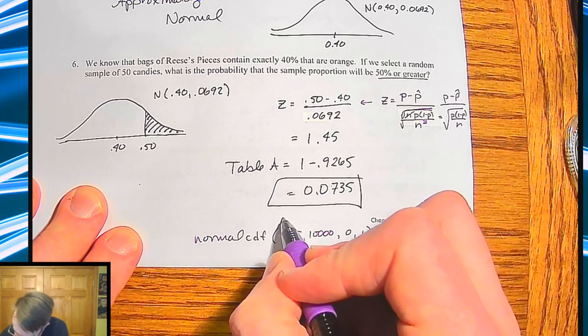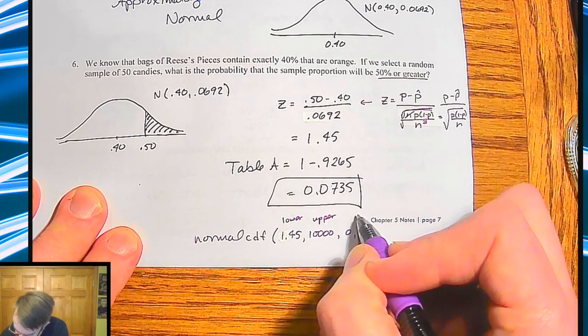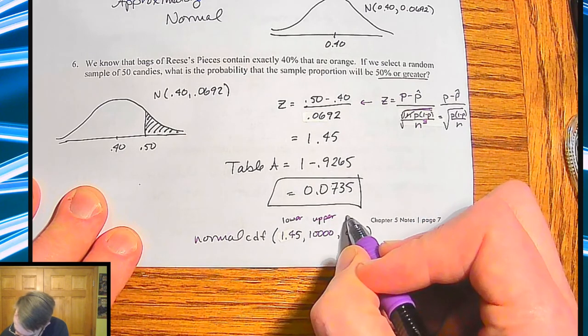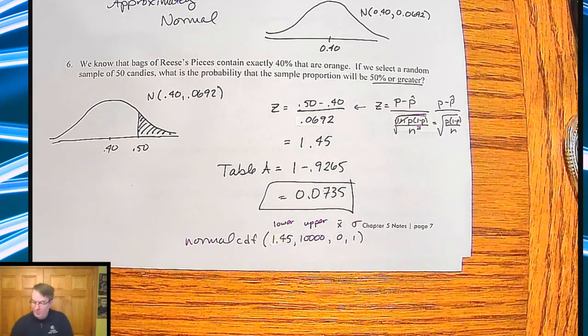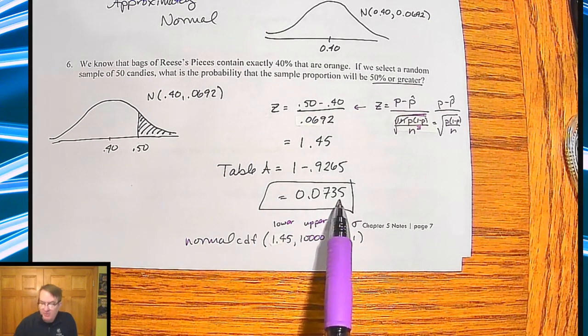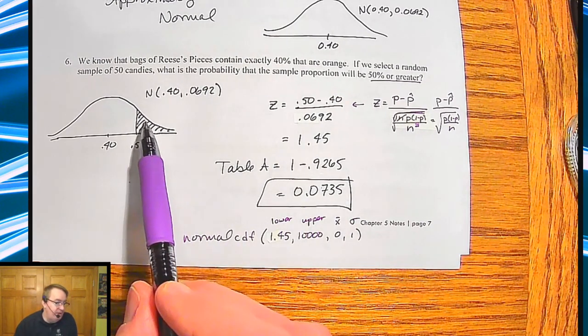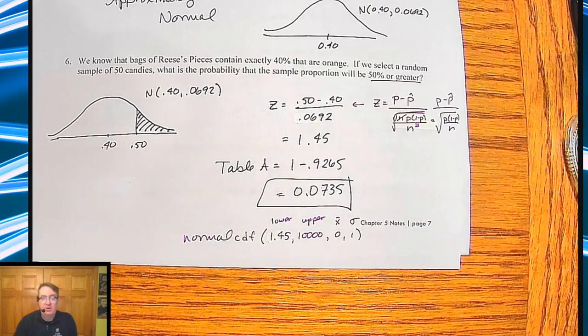So again, label this out. This is lower, this is upper, this is my mean, this is my standard deviation. Okay, but regardless, that means that we have a 0.0735 probability that we're going to get 50% or more oranges in our bag of Skittles.